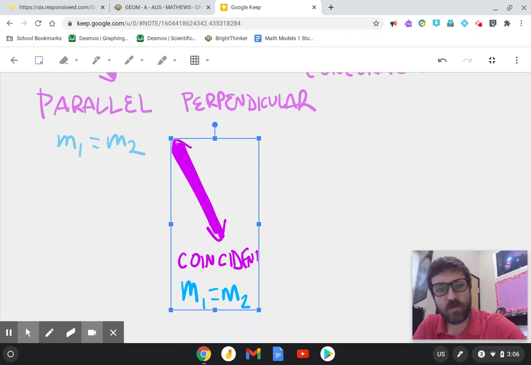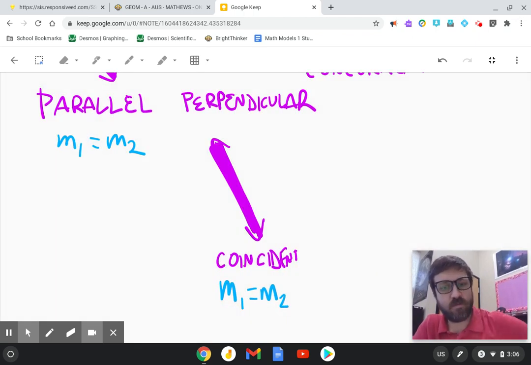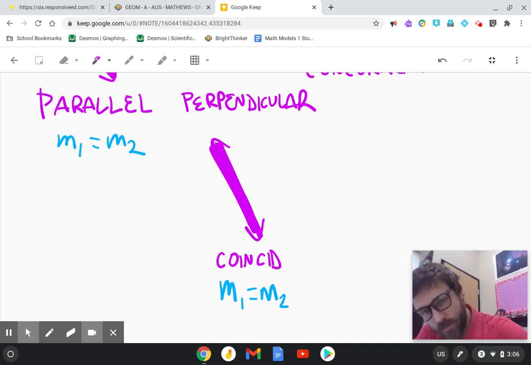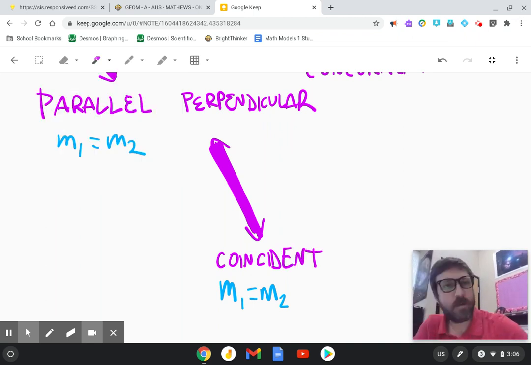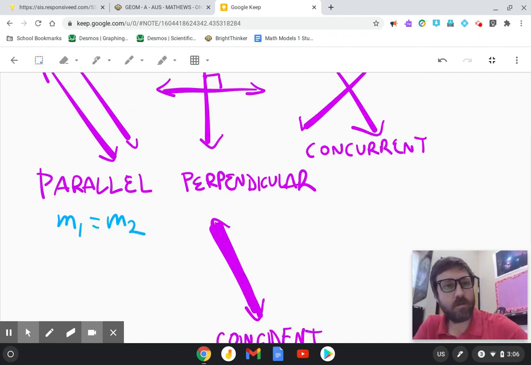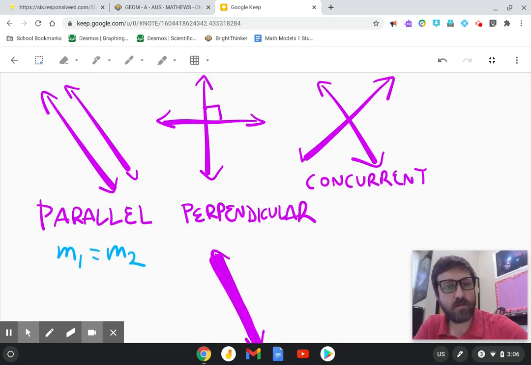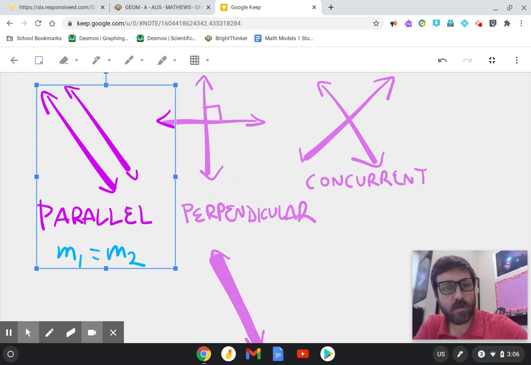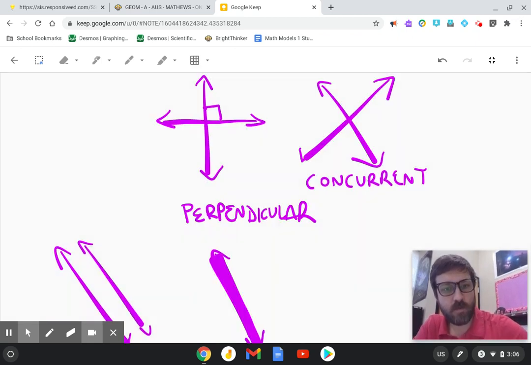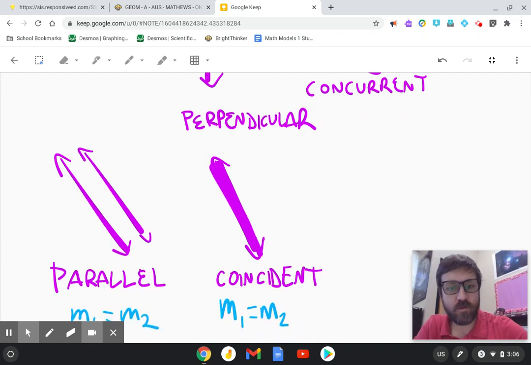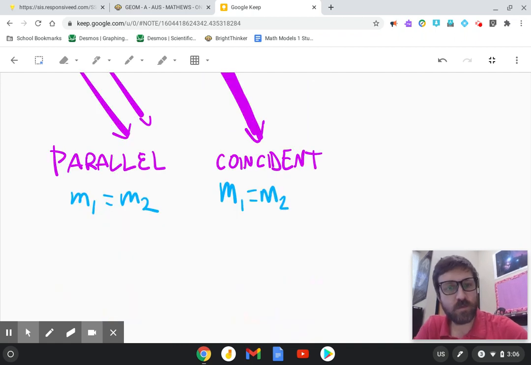Let's drag coincident down. Let me fix this writing so this is a little bit more understandable. And we have parallel right here. There we go. All right. So parallel and coincident both have equal slopes.